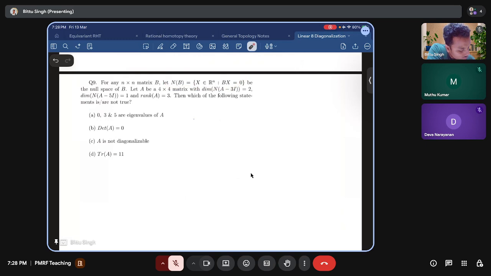Instead of B, we are starting with some matrix A. This is just a definition. A is a 4 by 4 matrix with some extra information, the dimensions of some null spaces and the rank are given. So we need to calculate all those things.